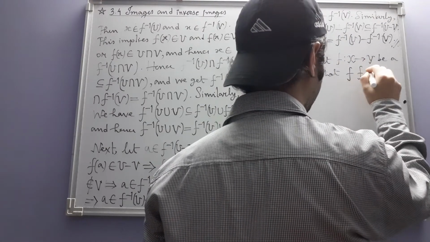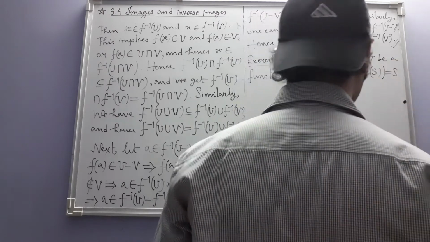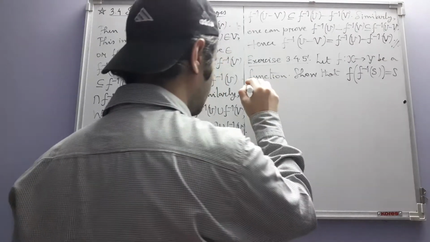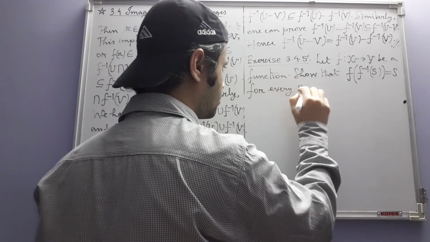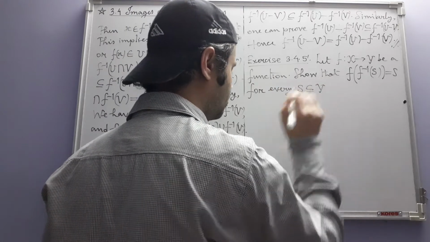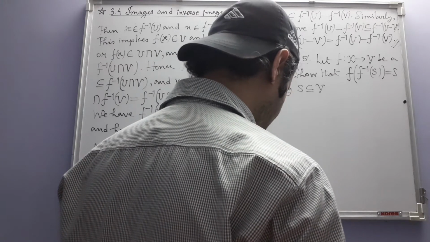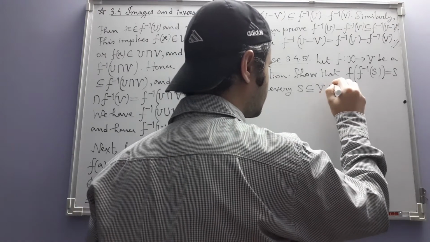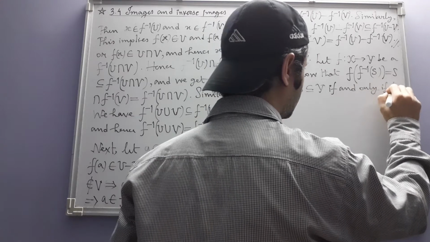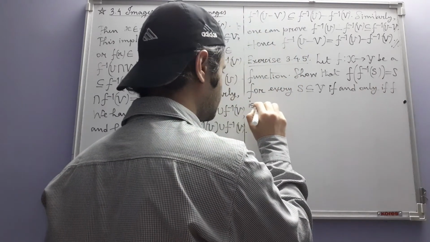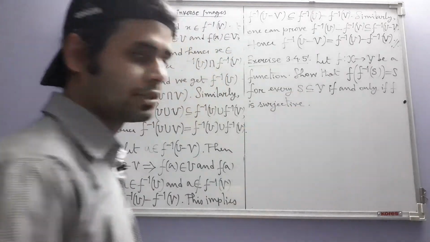F inverse of S is equal to S for every subset S of Y if and only if F is surjective.